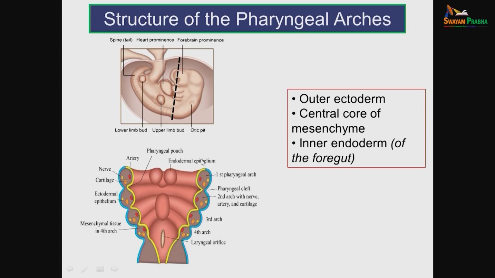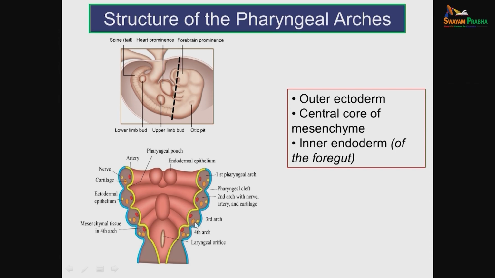So, look at this picture. This is a section through the embryo going through the pharyngeal arches. If you make a section, you can see that the pharyngeal arches have an outer ectoderm and inner endoderm, which is the endoderm of the foregut. These are the pharyngeal arches, which are the mesodermal bars.